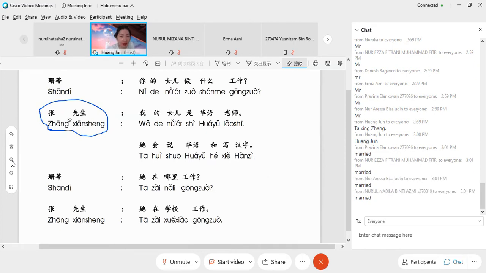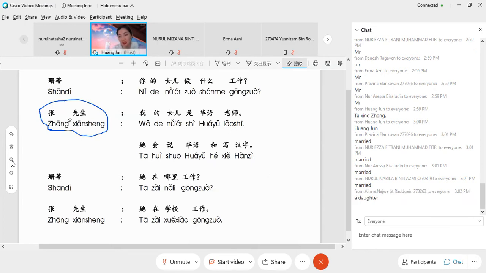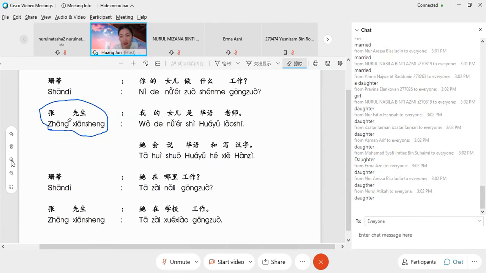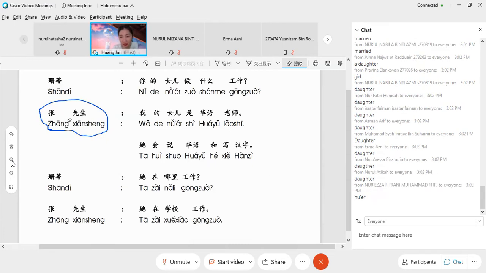Then, does he have a child? A boy or a girl? A daughter or a son? A daughter, right? He has a daughter. So his daughter, 女儿. Does his daughter still study or already work?